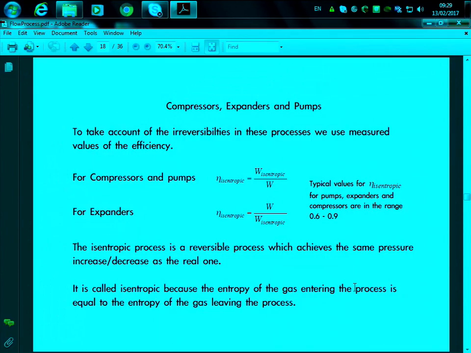The sentence: the isentropic process is a reversible process. Yeah, we discussed it's an irreversible process, isentropic. No, it's a reversible process. So that means that if you had a process going towards one direction, you will have a certain amount of entropy.